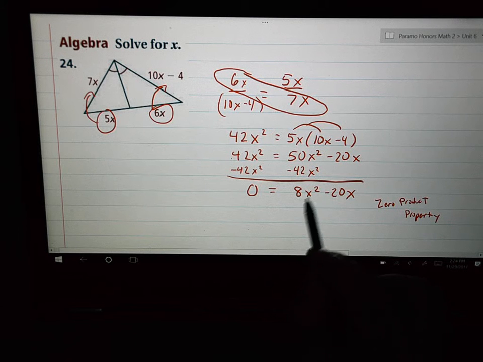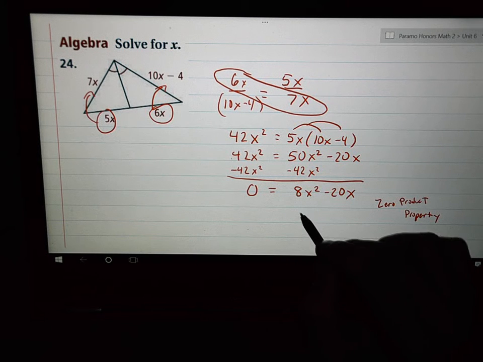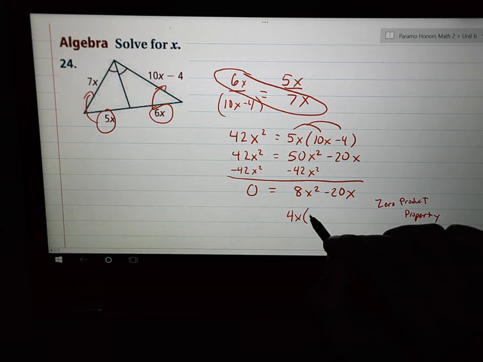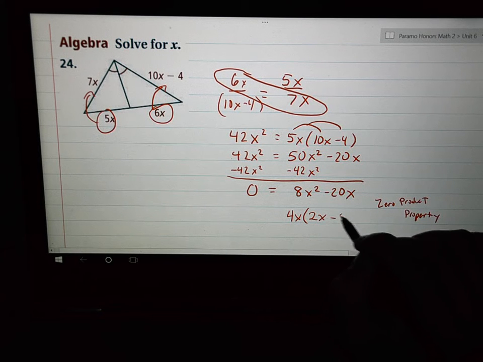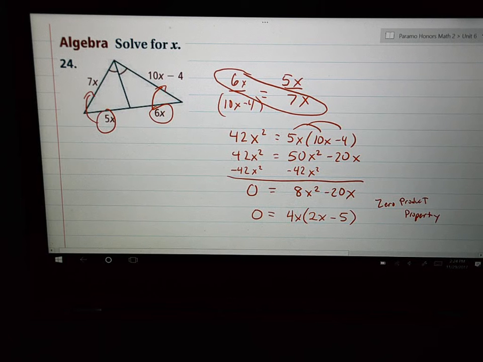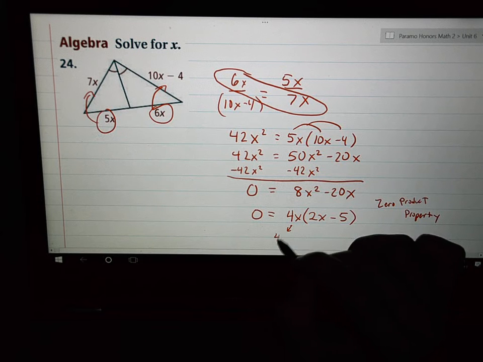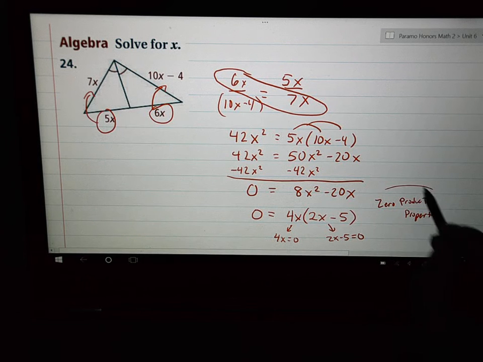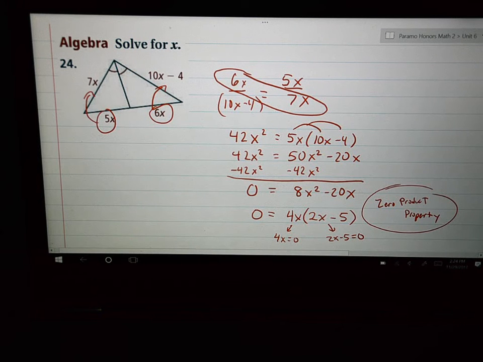The only way you can get that is if you factor this out. Let's factor out a GCF. How about a 4x? And you get 2x minus 5 equals 0. Since this times this equals 0, either the 4x has to equal 0 or the 2x minus 5 has to equal 0, because of the zero product property, right?